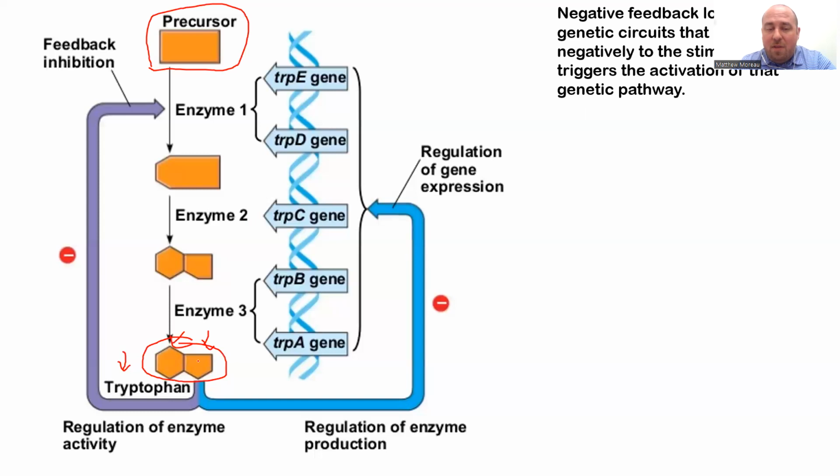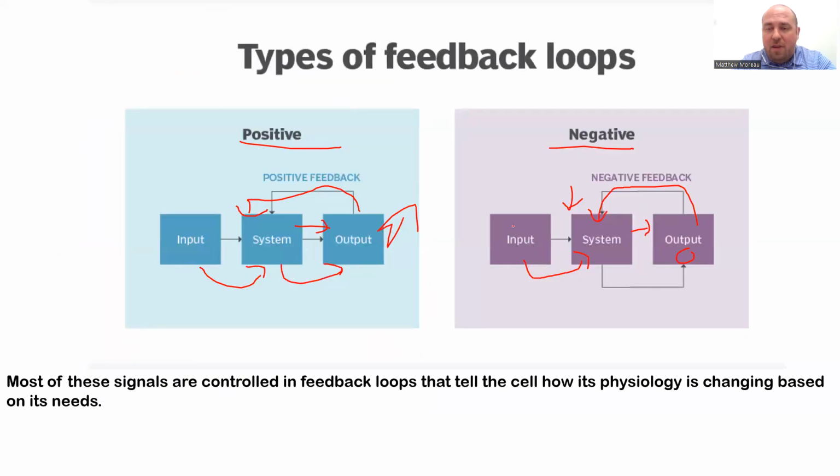Now, not for nothing, but in nature, negative feedback loops exist far more frequently, like 9 out of every 10 feedback loops, if not even more than that, maybe 99 out of 100 are negative feedback loops. The existence of positive feedback loops as a particular loop is actually very low. So when we talk about induction, genes can be induced by positive feedback, but it's very rare.